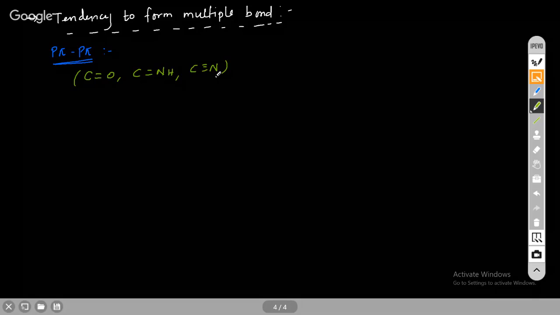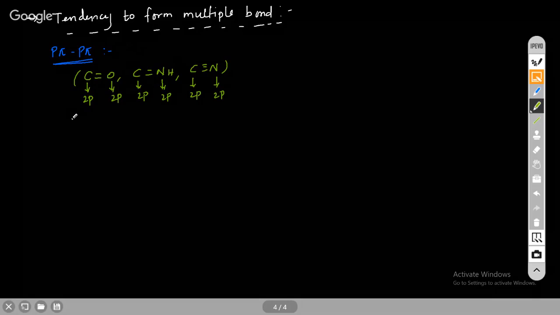So when you talk about silicon with oxygen, nitrogen and all, here we have 2p orbital, and all the elements here have 2p orbital. That's why we have good lateral overlapping here.